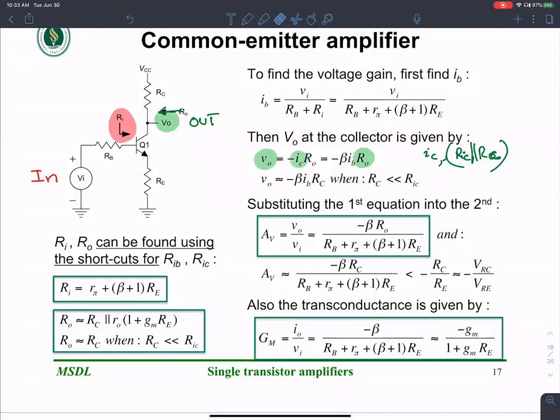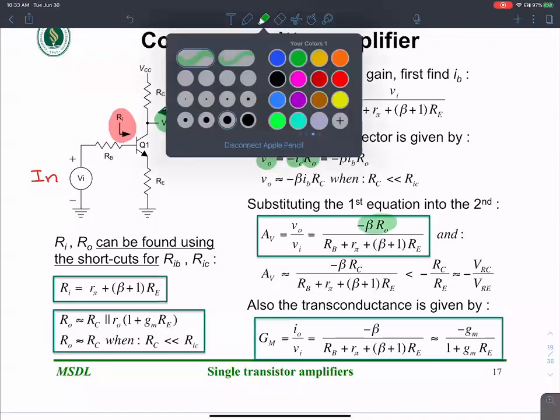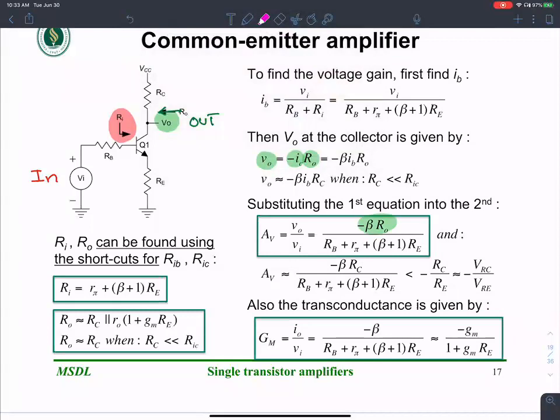So the resistance is external resistance times a current. That's all I'm using to calculate the output voltage, over the input voltage VI.